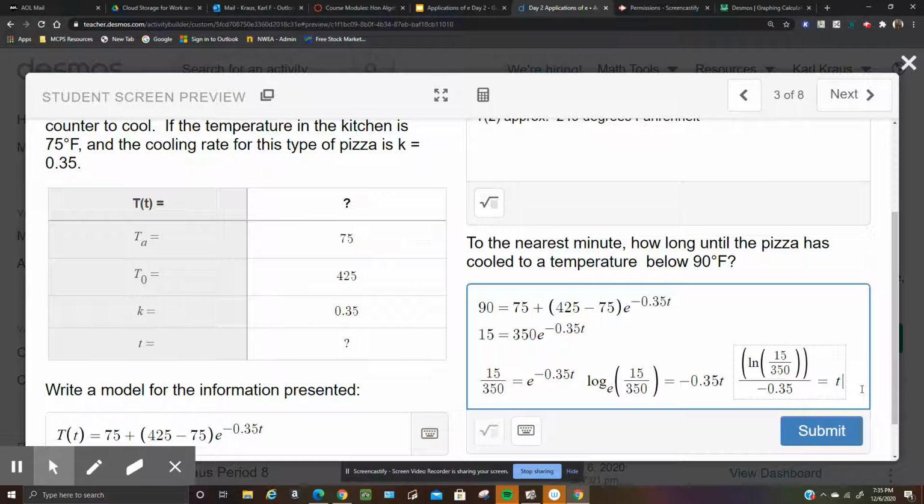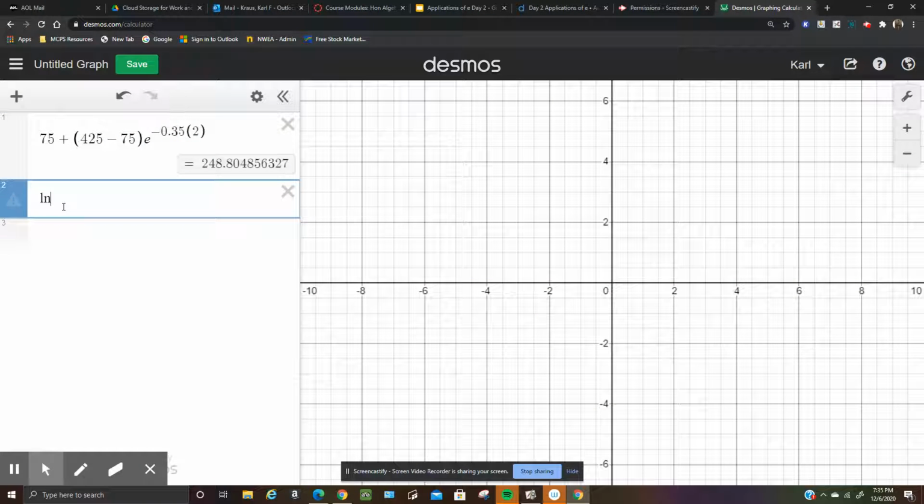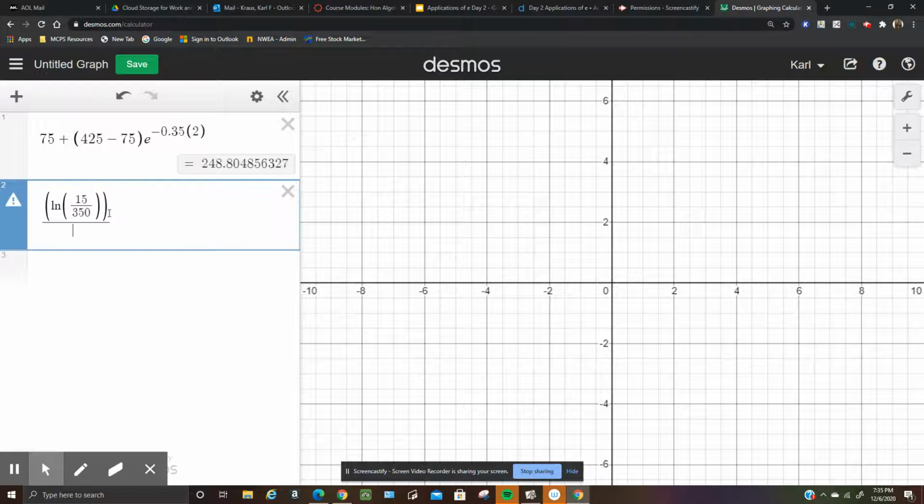And then to the nearest minute, we use the calculator here: ln of 15 over 350 in parentheses, divided by negative 0.35, is about 9 minutes.